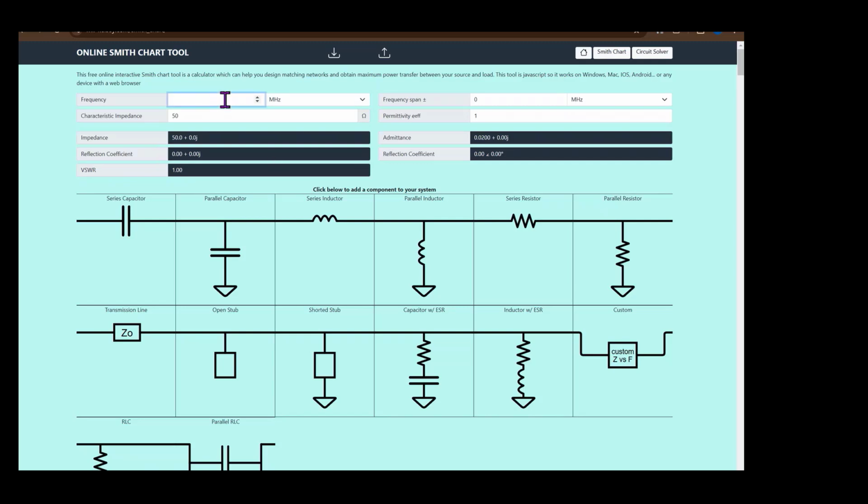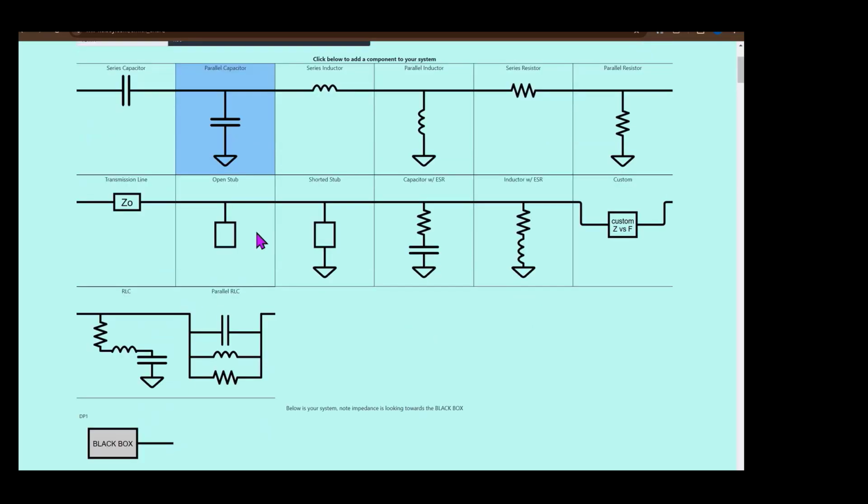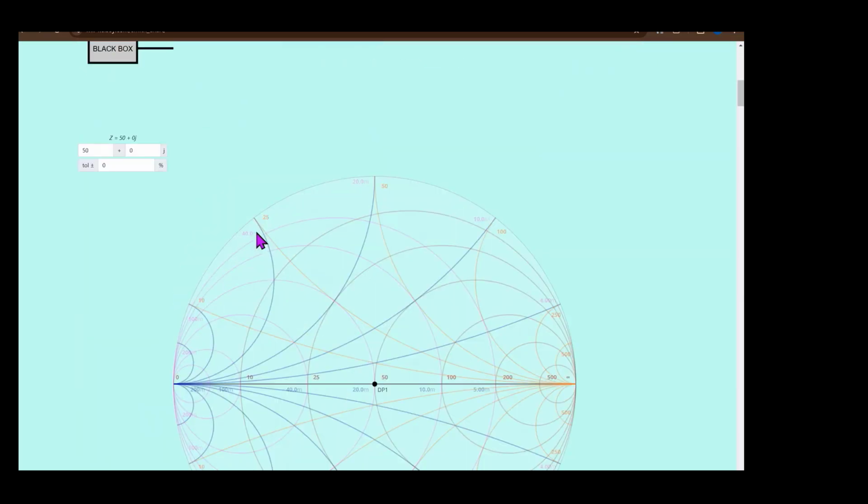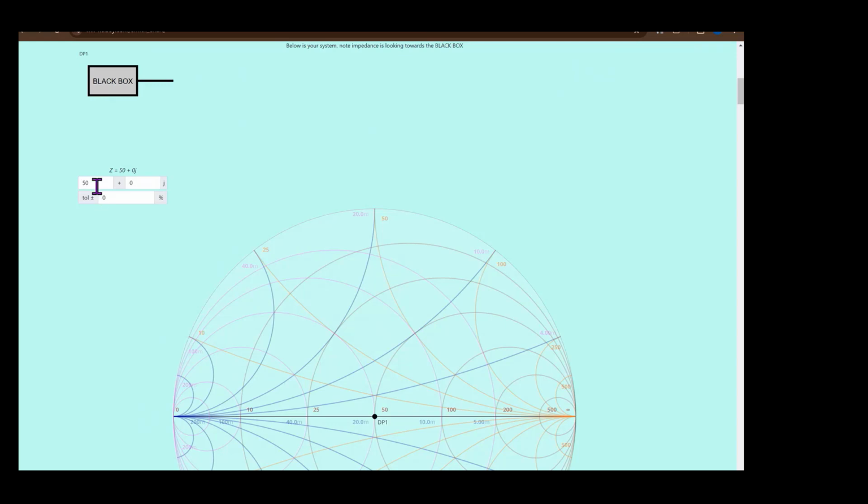You put your frequency in, five gigahertz, give it a characteristic impedance, and then you can set some objectives like, for instance, I want to start at 10 ohms, and I want to match to 50.